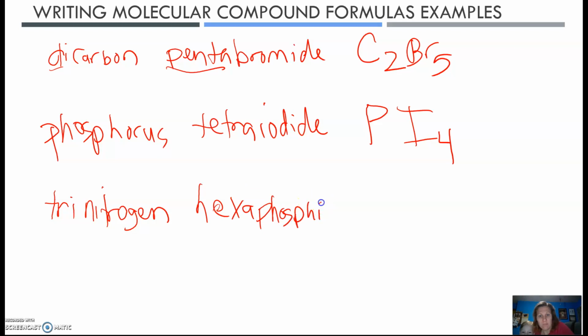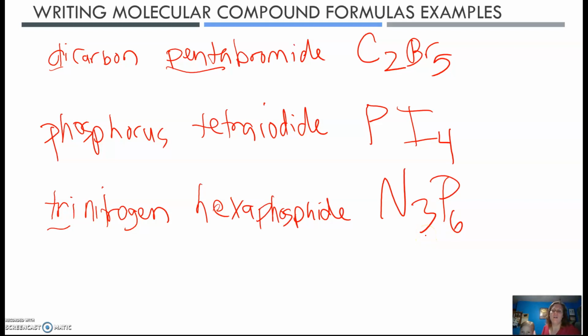Tri is 3, and it's nitrogen, so N3. Phosphide is a P, just like Anna said. Hexa is 6, so N3P6.